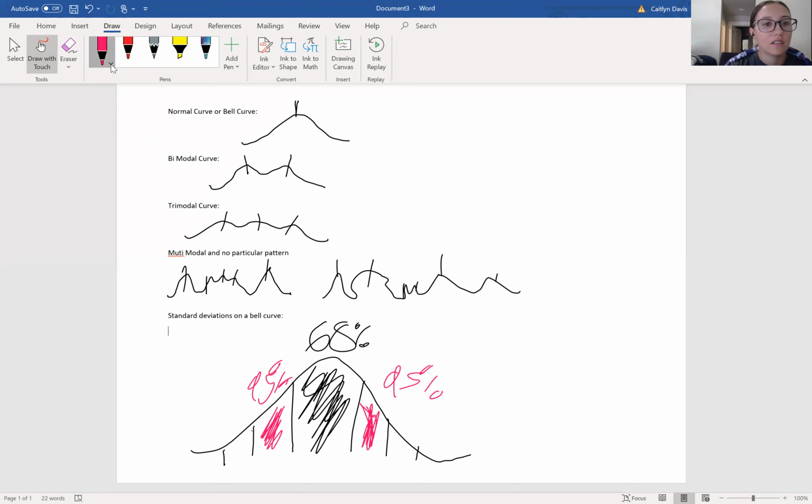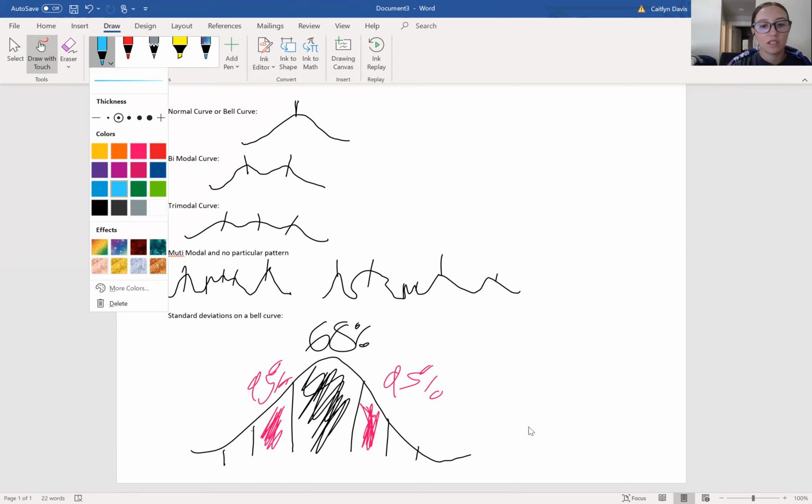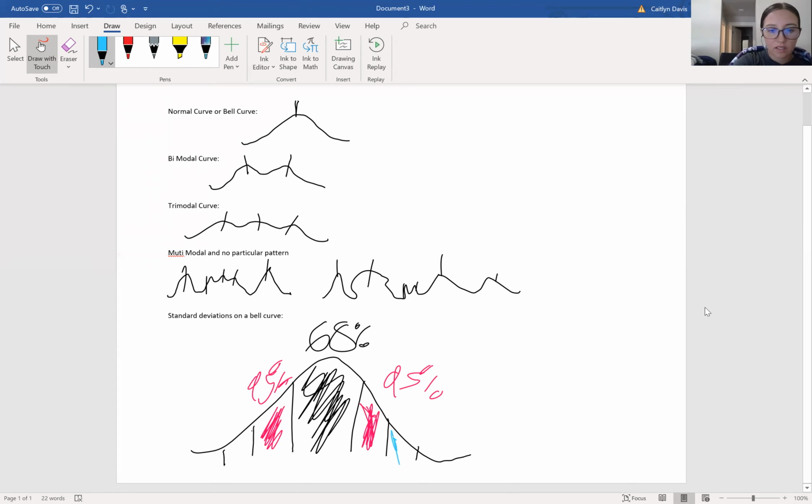And then the last part, this blue area, should be 99.7% of the population.